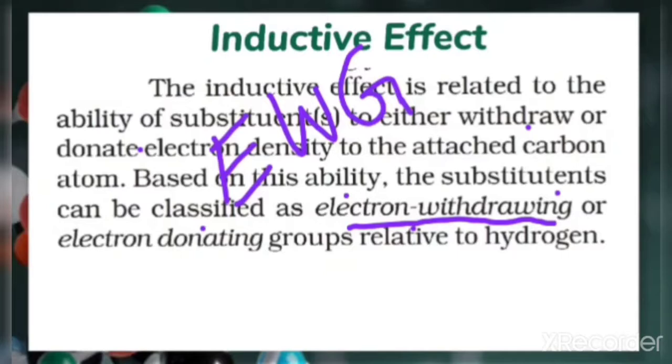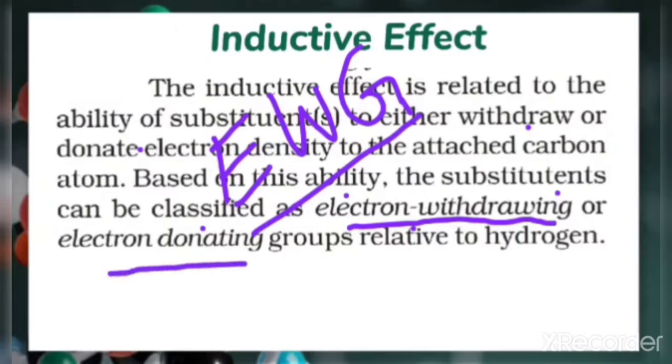That means the ability of some groups to withdraw the electron is what is called an electron withdrawing group. And there are some substituents which have the ability to donate electron density. It's not donating the electron; it means they have a tendency to release the electron density to the attached carbon atom.